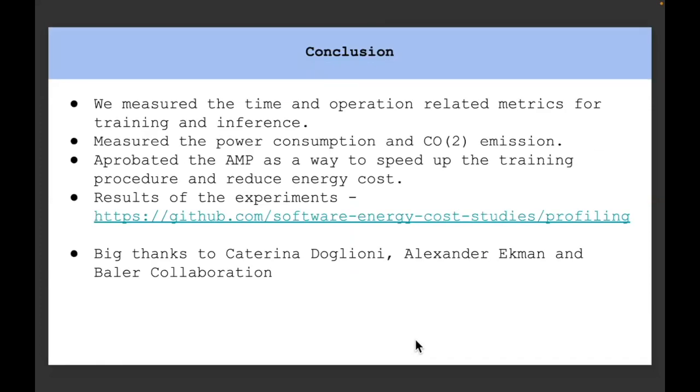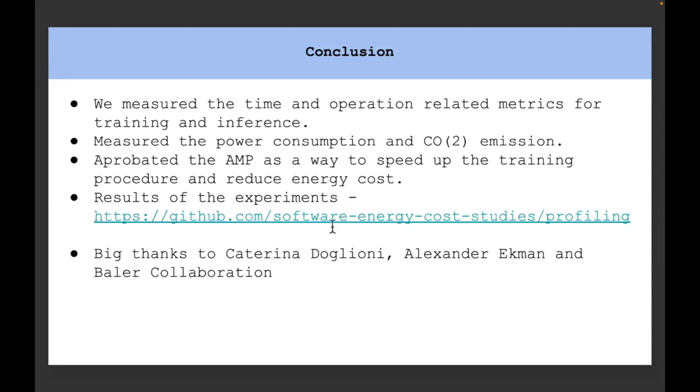So, as a conclusion, we measured the time and operation-related metrics for training and inference, and measured the power consumption and the CO2 emission of this training. Also, the automatic mixed precision procedure was identified as a way to speed up the training procedure.